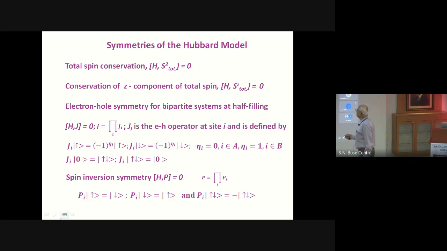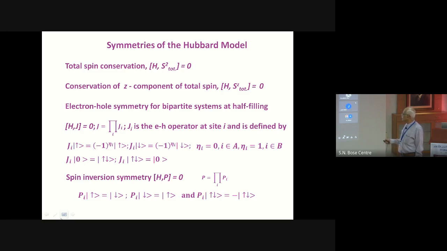Then you have the electron hole symmetry that can be written as [H, J] equal to 0, and the electron hole symmetry operator is actually a site operator. So you can find a direct product of this to get the electron hole symmetry operator for the whole system, and J operating upon up spin gives you up spin back with a factor of minus 1 to the power eta i.